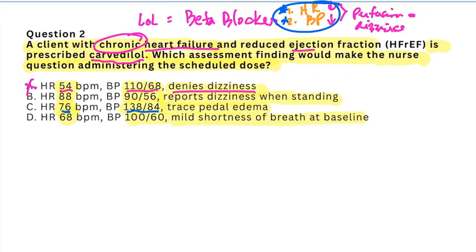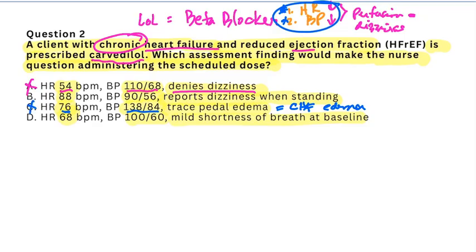Although the patient has pedal edema, remember, patients who have CHF, and this is chronic, we don't know whether it's right-sided or left-sided heart failure. It still doesn't matter, because when the patient has CHF, you expect some sort of edema. So letter C is definitely incorrect.